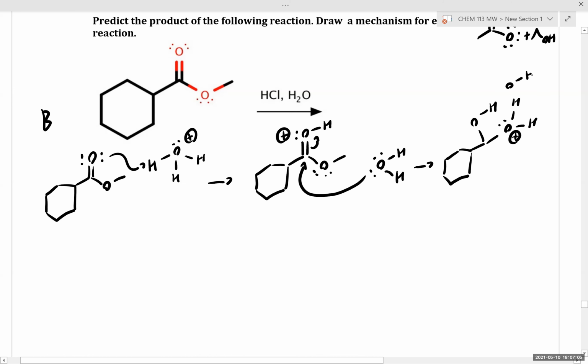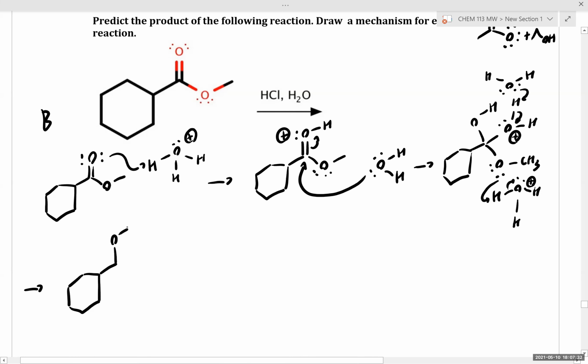From here, we're going to see a series of proton transfers where we pull off a proton to free up a lone pair on our alcohol, and then we protonate our methyl ester in this case. From here, we've now activated our leaving group.